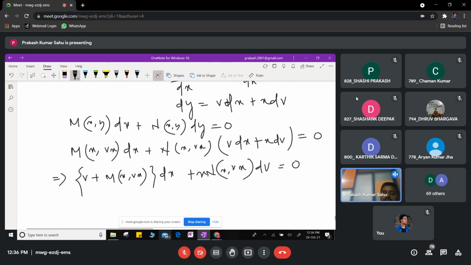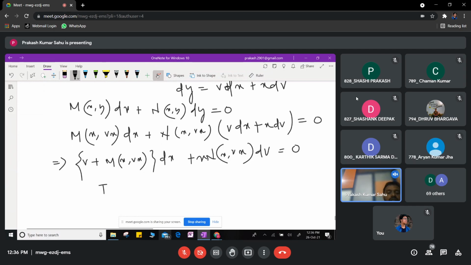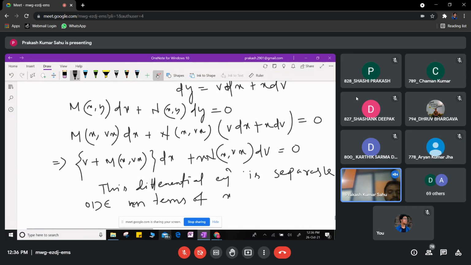Okay, now this differential equation is a separable ordinary differential equation in terms of x and v. So the y term will not remain; we substituted y with v.